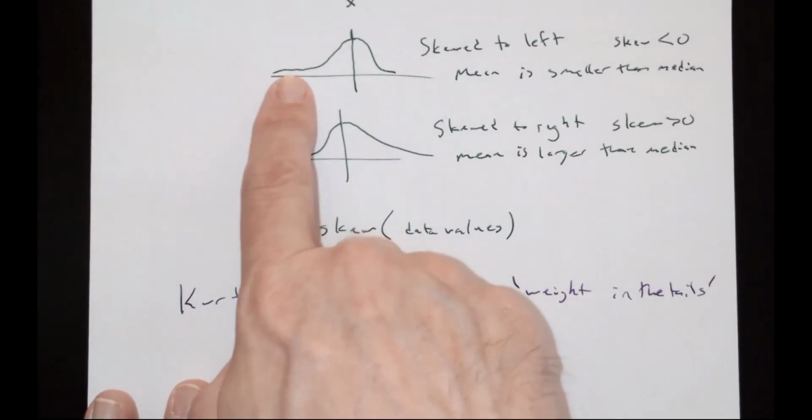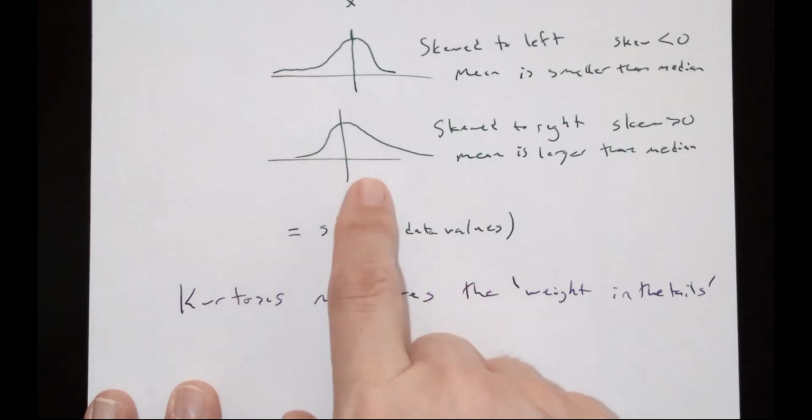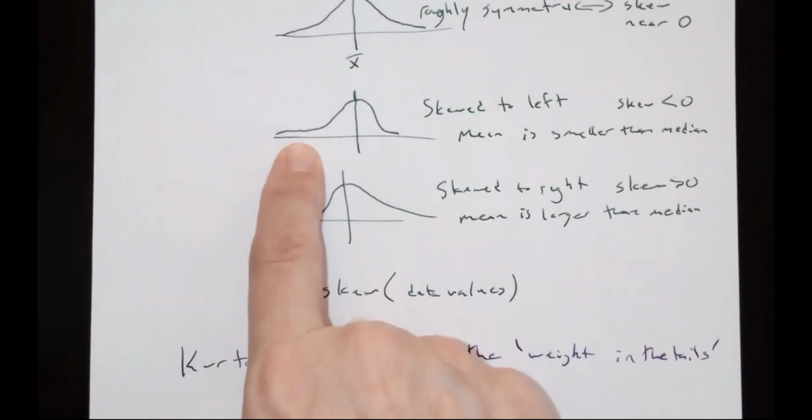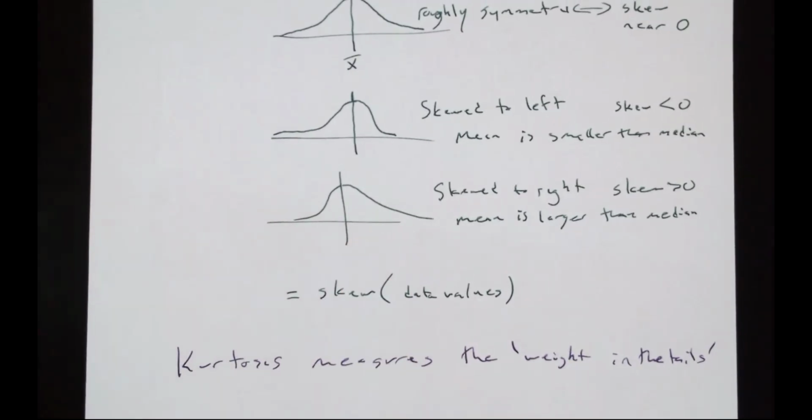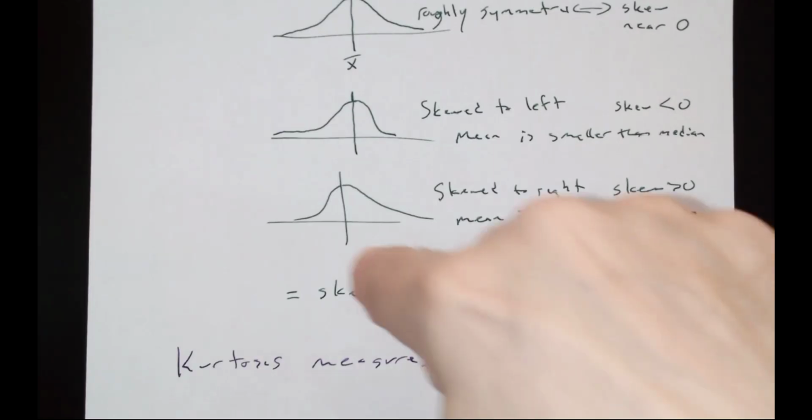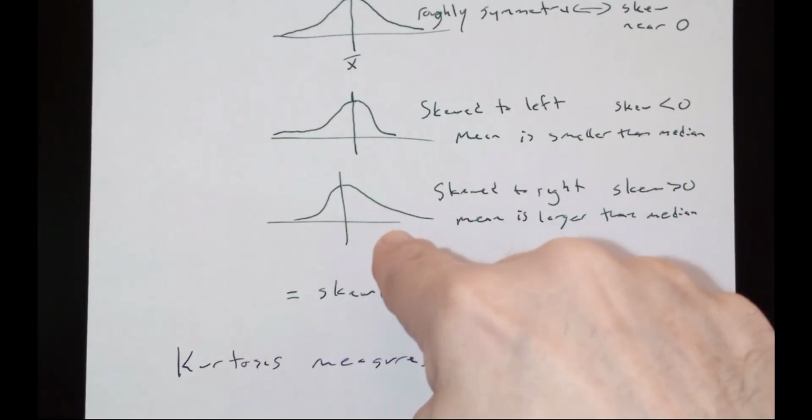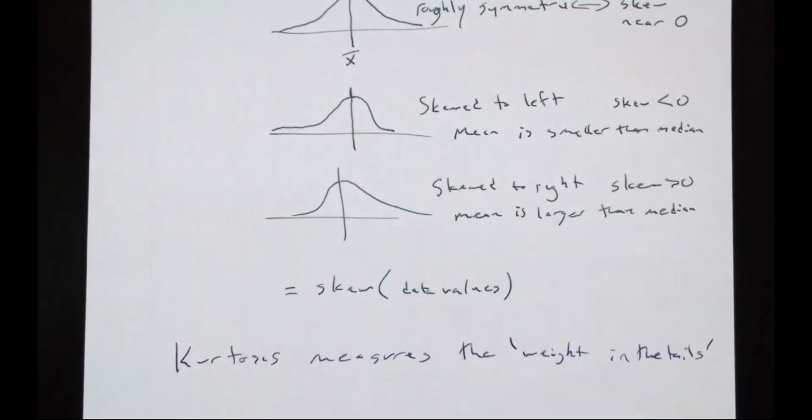Compare this tail to this tail. The tail in the second picture is much skinnier than the tail in the third picture, isn't it? That third tail has more weight. This picture has a higher kurtosis than this picture. More weight in the tail, higher kurtosis.